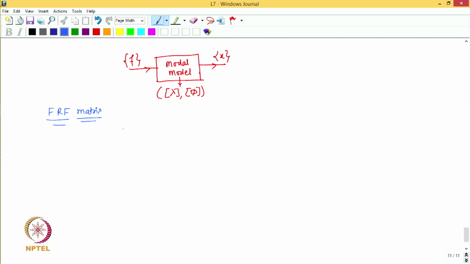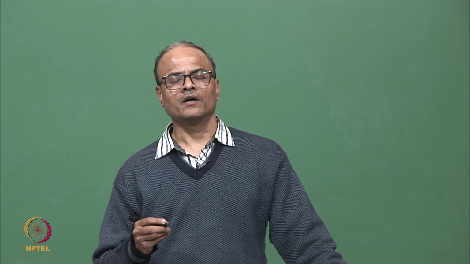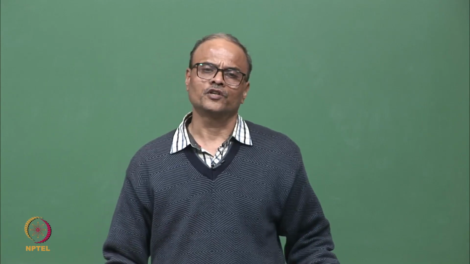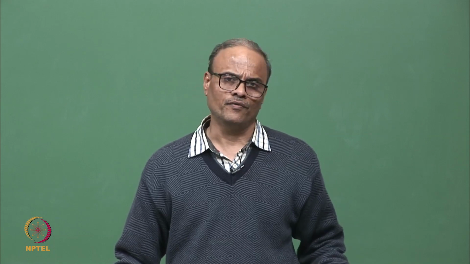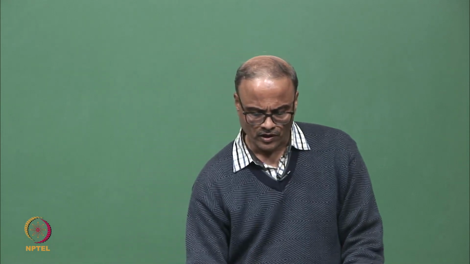So, for an n degree of freedom system, there are n number of degrees of freedom at which responses can be measured, right. Similarly, n DOFs are there where forces can be applied. So, therefore, we can have several combinations of the response and force coordinates corresponding to which the frequency response function can be defined, right.